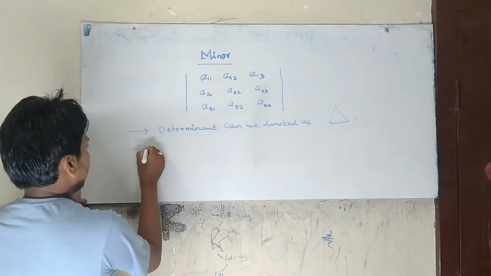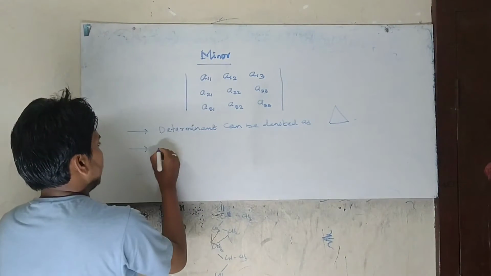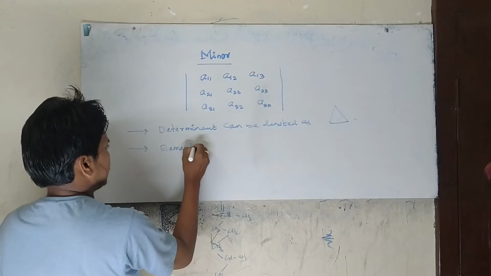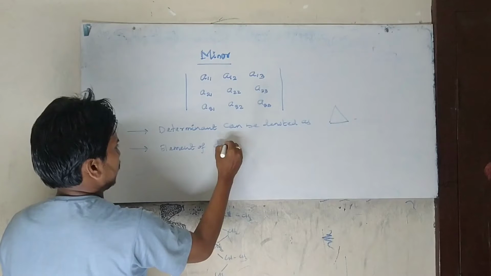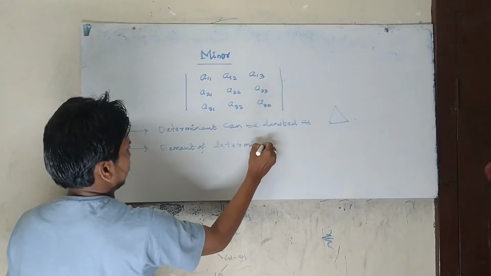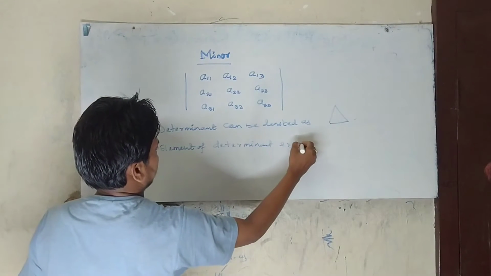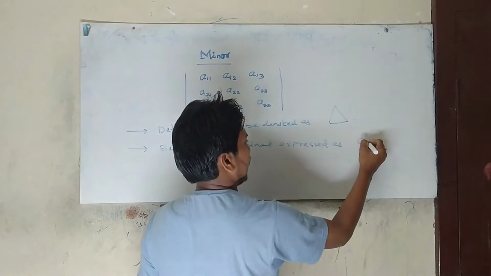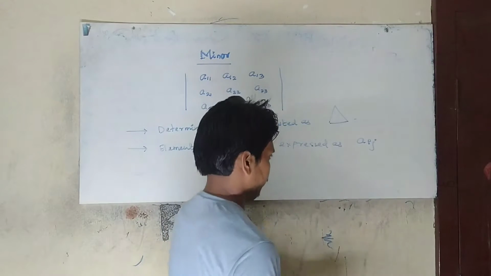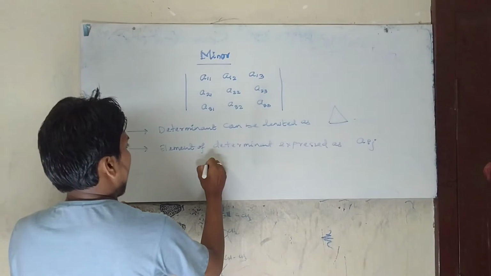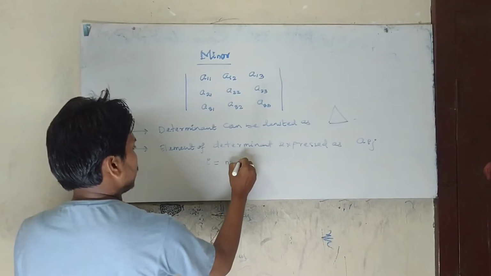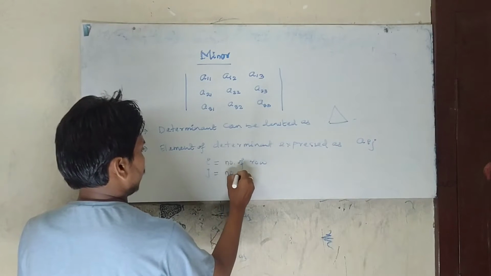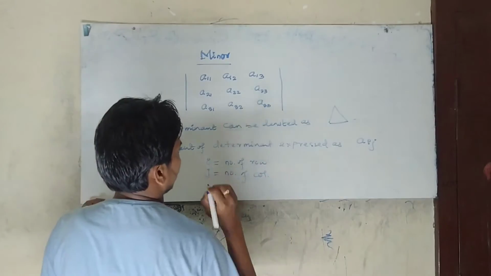The elements of a determinant are expressed as Aij, where i is called the number of row and j is called the number of column.